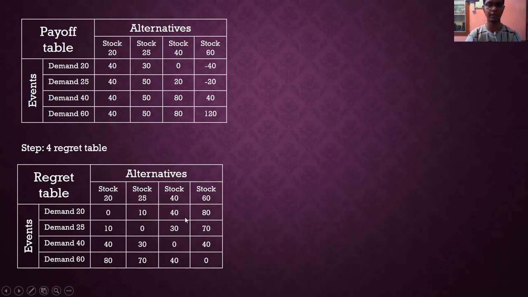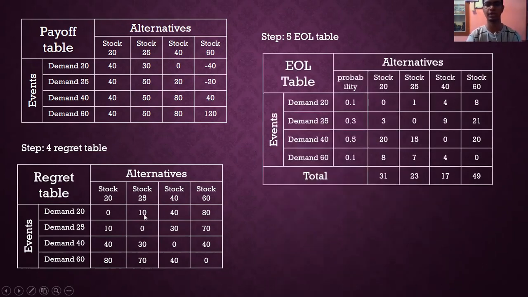After getting the regret table values, we have to find out an EOL table. To find an EOL table, we again take the help of the regret table. Again we write the events, which are the demands: demand 20, demand 25, demand 40, and demand 60. Then we write the probabilities, which are 0.1, 0.3, 0.5, and 0.1.